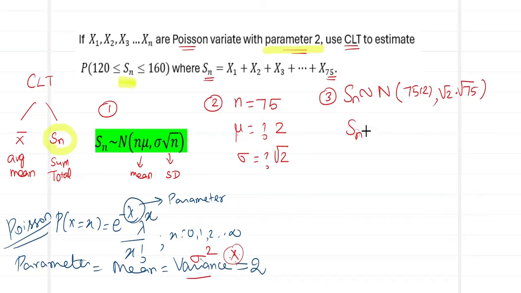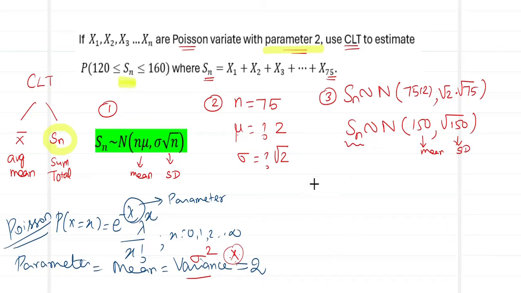So, Sn follows normal distribution with 75 twos are 150, comma, root 75 into root 2, which will be root 150. So this is going to be my mean and this is going to be my standard deviation for my Sn.